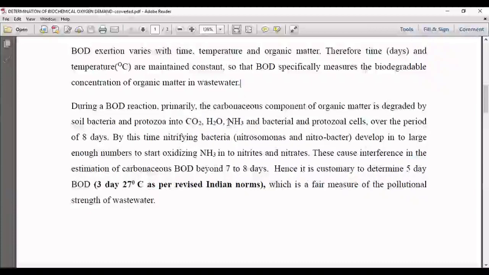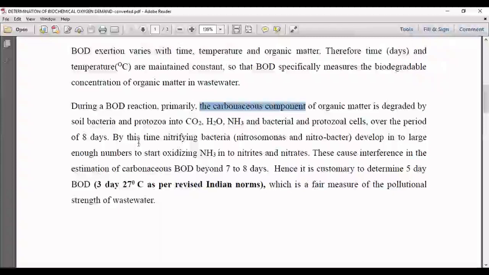As this NH3 concentration increases beyond 8 days, the oxygen will also be used by the nitrifying bacteria to oxidize NH3 into nitrites and nitrates, and we won't get the right value of oxygen. We require the oxygen value used for the degradation of the carbonaceous compound, which continues for 8 days only.